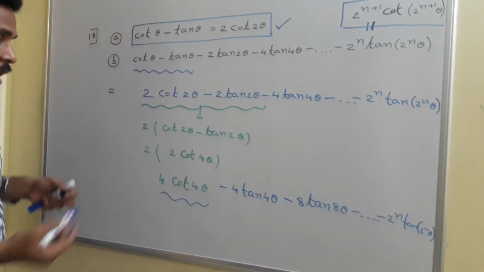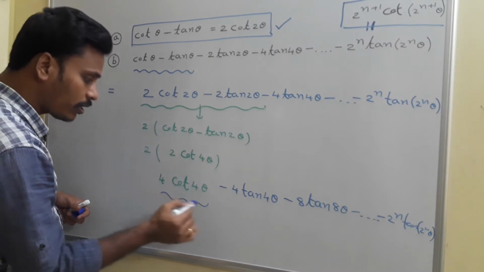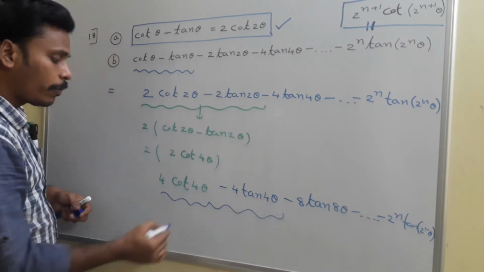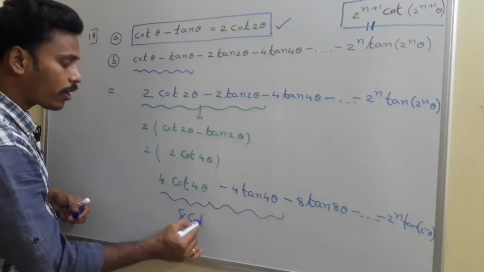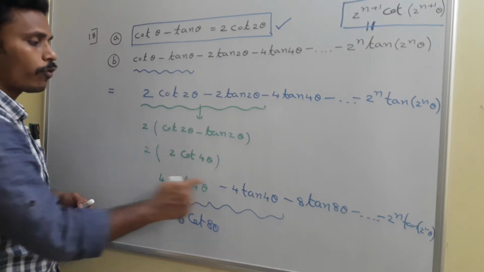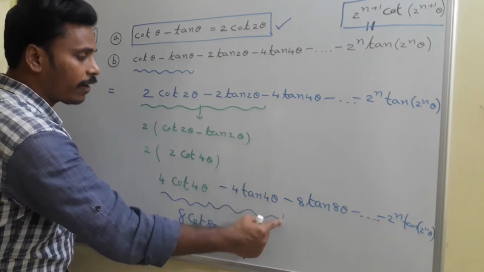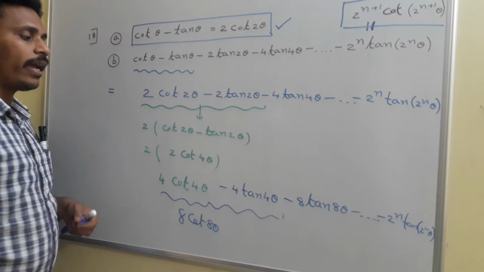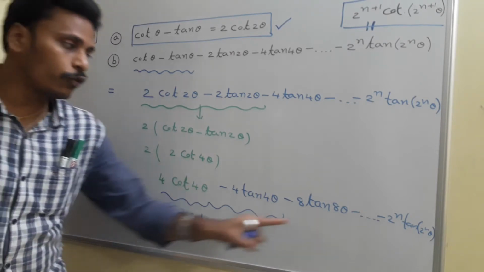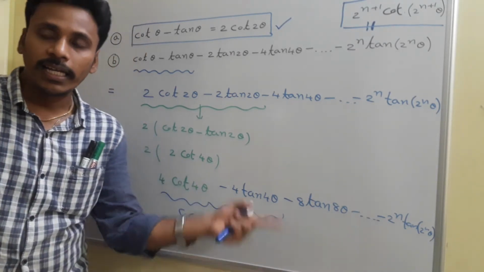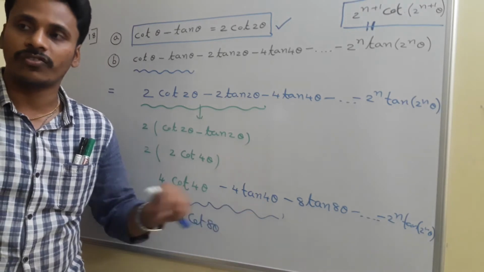Now, if you think about these two terms, it becomes 8 cot 8 theta. If you stop at 4 theta, the result is 8 theta, 8 cot 8 theta. If you stop at this 8 theta, the result is 16 cot 16 theta.